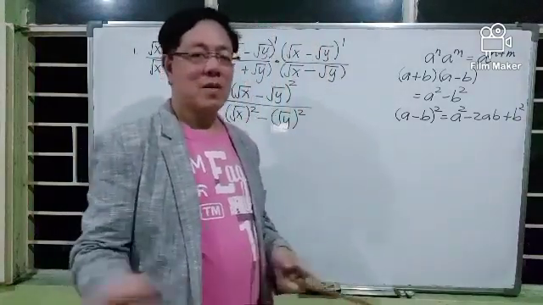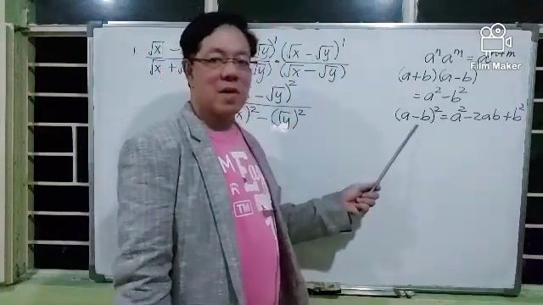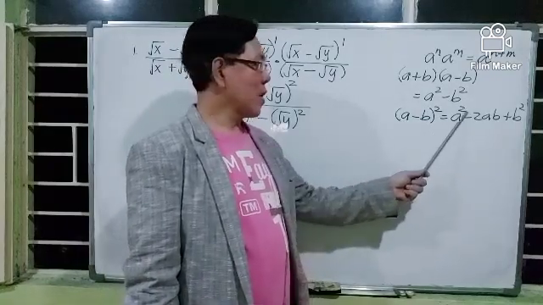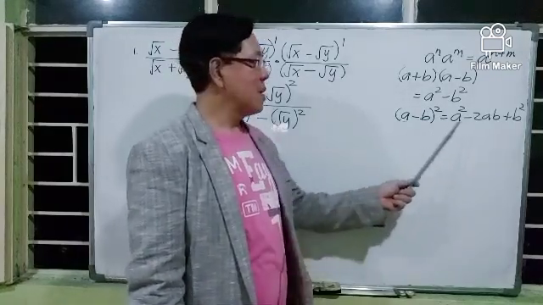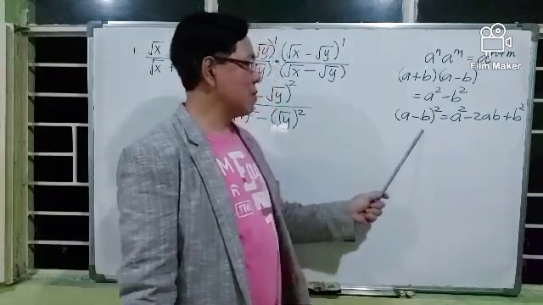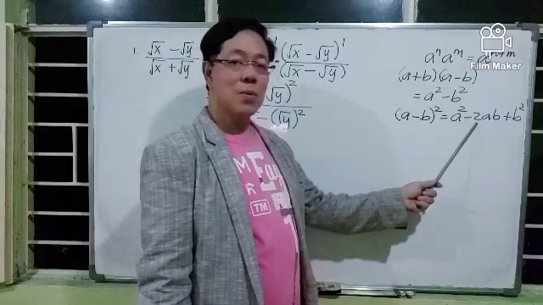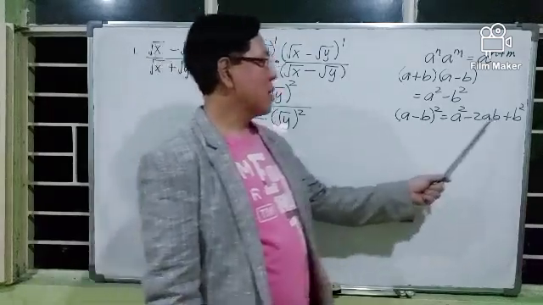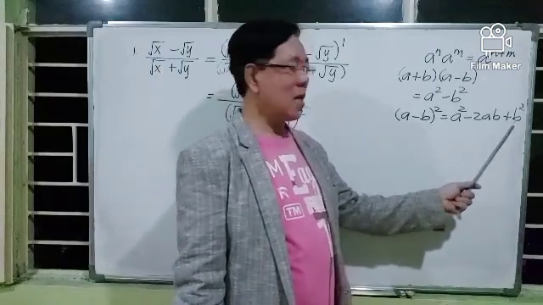The special product rule for the square of the difference, a minus b, is equal to the square of the first term, minus twice the product of the two terms, or minus 2 times the product of the two terms, plus the square of the second term b.